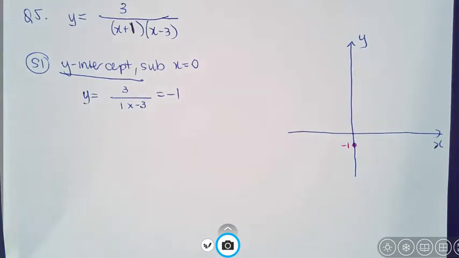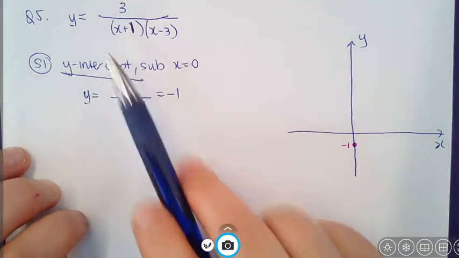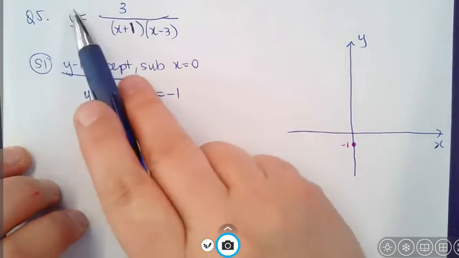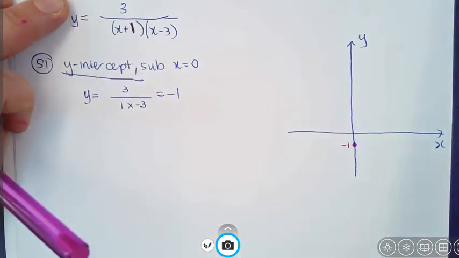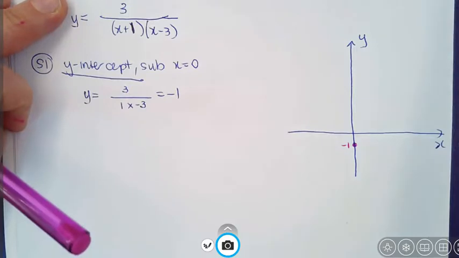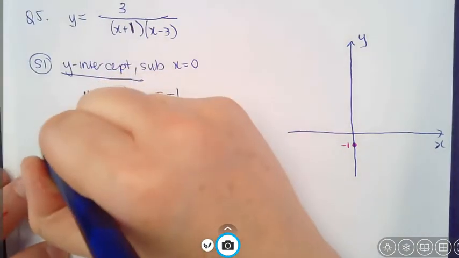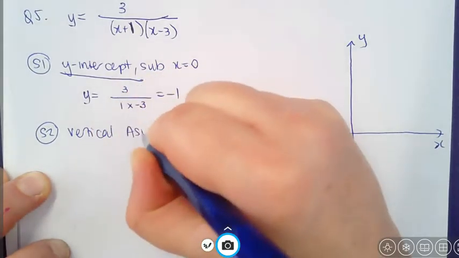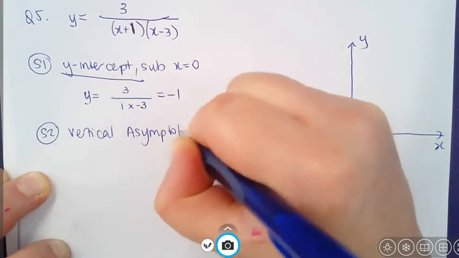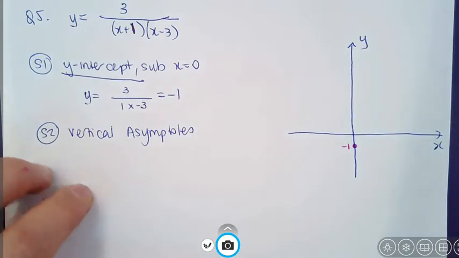Otherwise, you've got all this info and you're just going to get lost. Look, I'm not going to do x-intercept, just leave it, because I can already see when I put y is 0, 3 over that, I've got no y-intercept, so no x-intercepts. Don't worry about it. Step 2, let's do vertical asymptotes. So, you don't always have to do x-intercept. So y-intercept is the most important one.